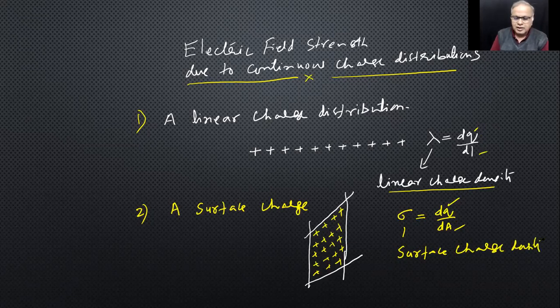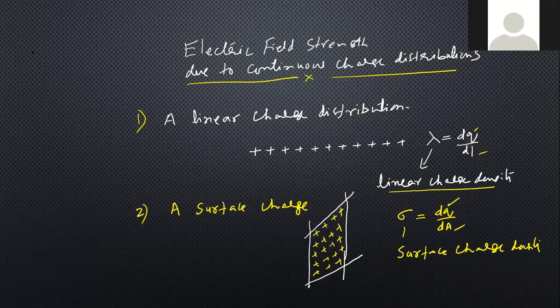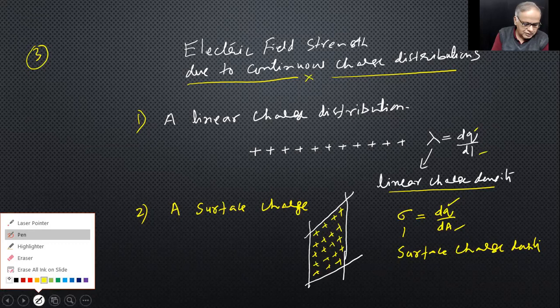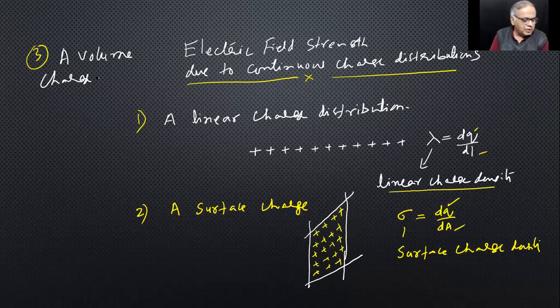Right? And next comes what? Third one. Can you not guess? For a volume. Volume charge. Isn't it? So, a volume charge distribution. Or simply I'll write a volume charge.